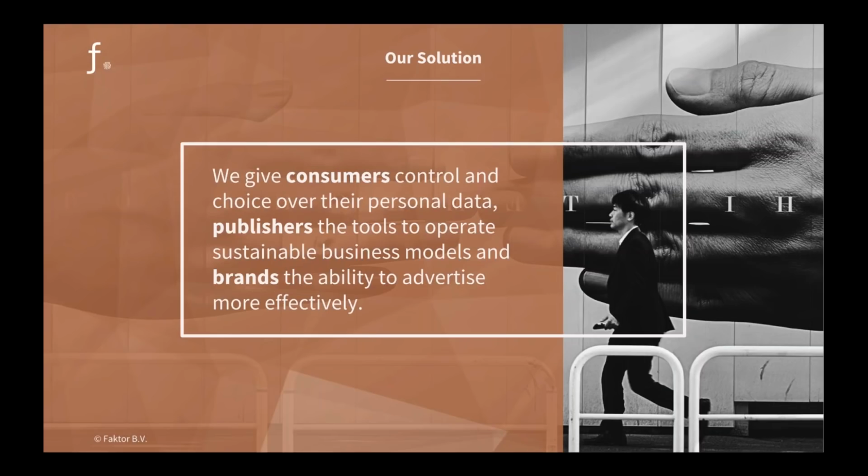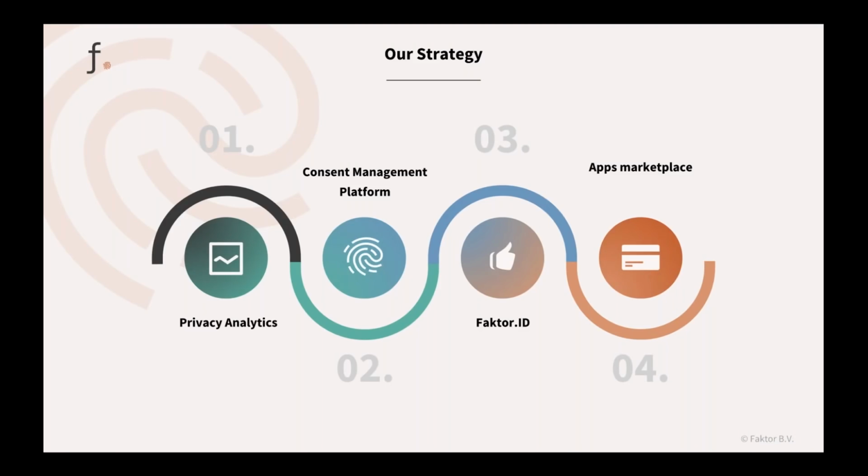We call it a Factor ID, which allows an integration with their CM provider or login provider to make the consent less dependent on cookies, and an app marketplace where we really aim to give a user a choice. Do I want to share my data? Or perhaps there are tools like, say, Content Pass, where there is an additional business model possible for content consumption.